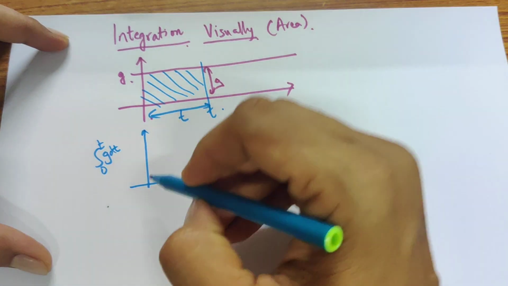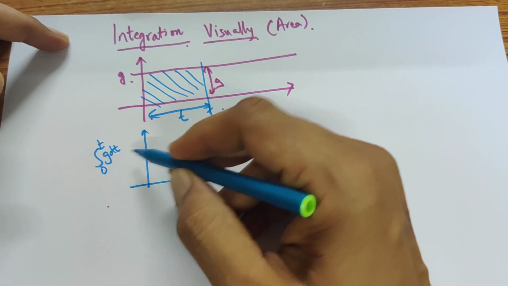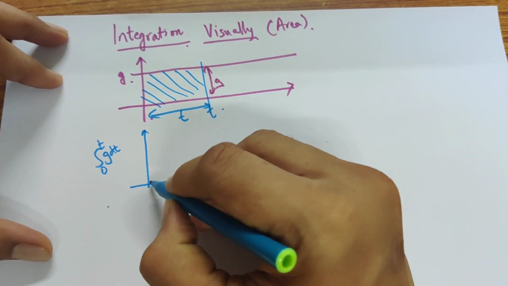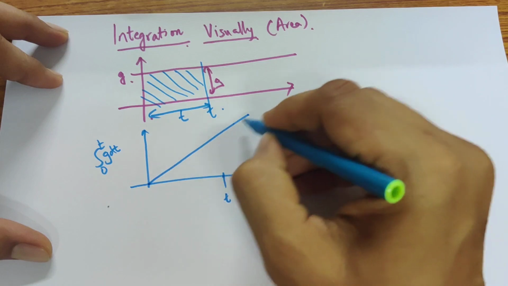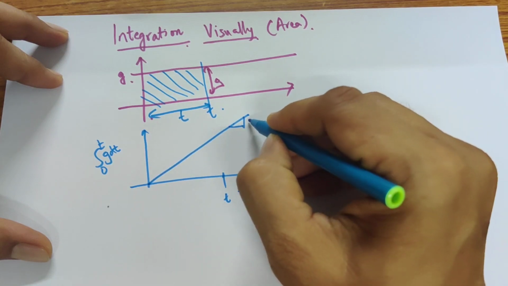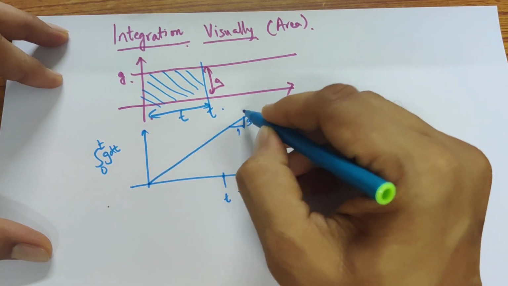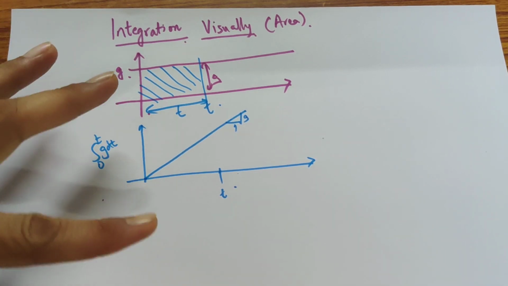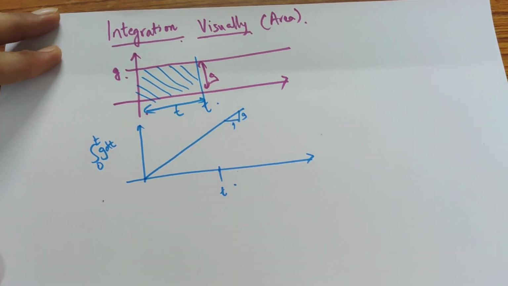So the integral of g is gt, which is a straight line in which the slope is g. Every step here is g up. So the integral of a constant is a ramp or a triangle, if you like to look at it that way.